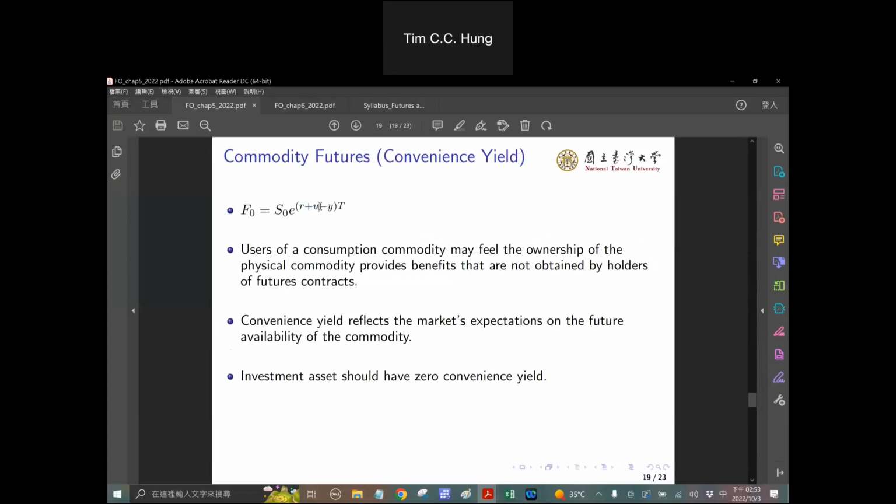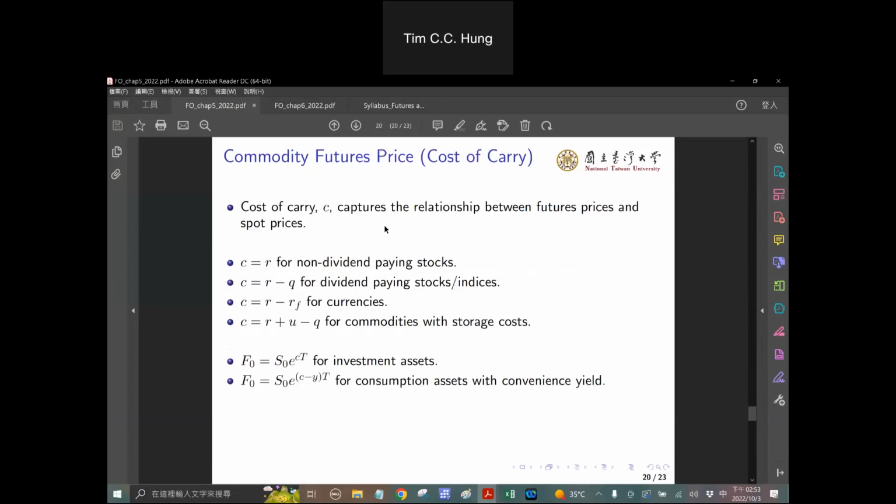Everything that's negative, that you need to bear, would be a plus term to the discount rate. If it's a benefit of holding such assets, it would be a minus term. So this is just a summary. According to the textbook, there's no very good example for convenience yield, so I think it's just easier to fast forward.